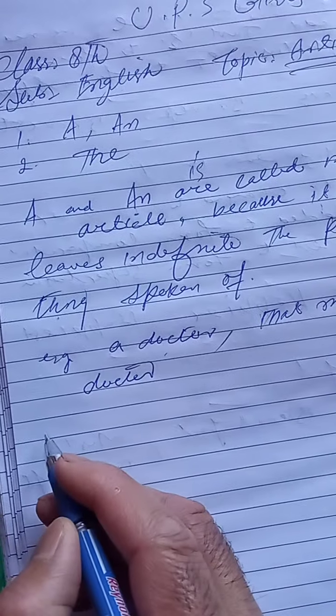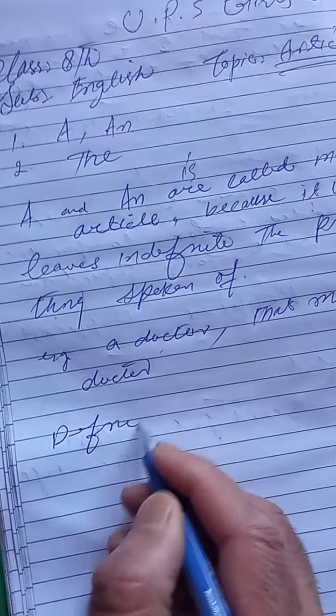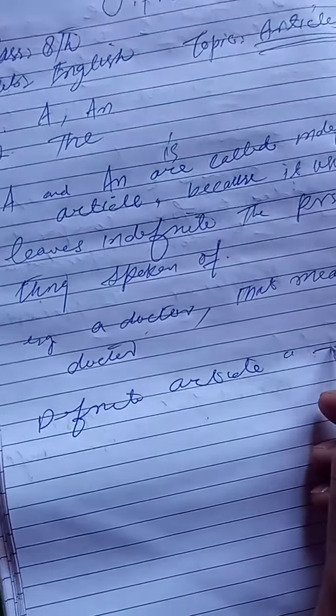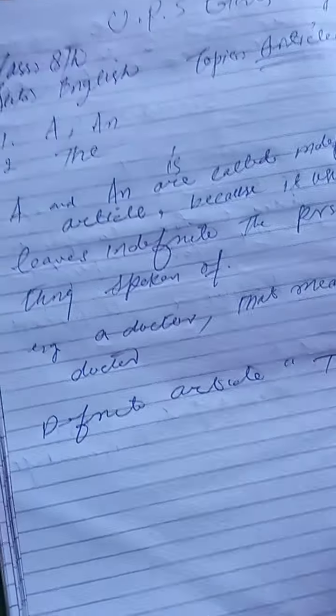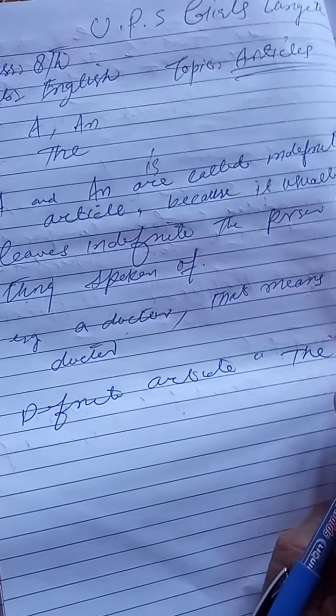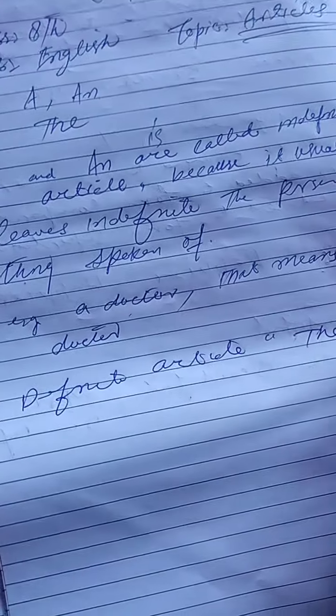Now, another is the definite article. That is the. It's called the definite article because it normally points out something definite.